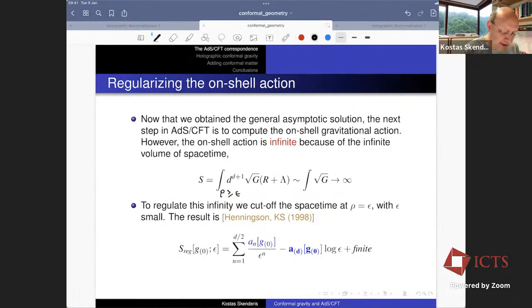Okay, so once you have the asymptotic solution, now we want to understand the divergences and the infinities. So we're going to come back to this in a few minutes, doing it on the board, with a slightly different formalism, but first I want to explain how it was first done. So if you look at this expression, we have the Einstein equations.